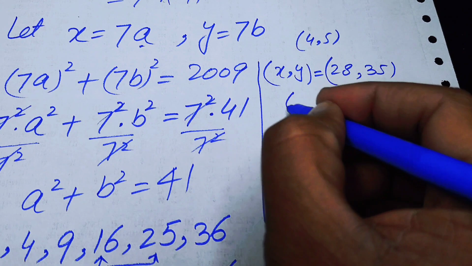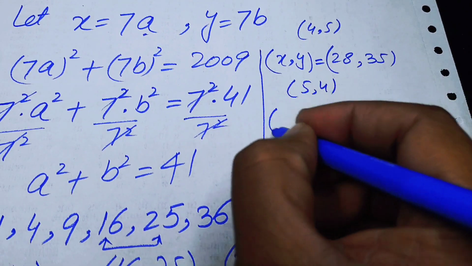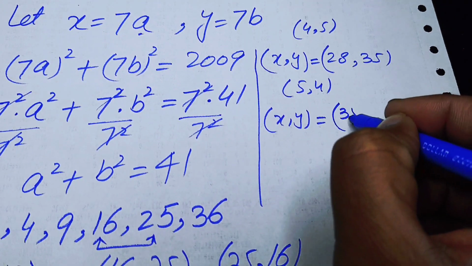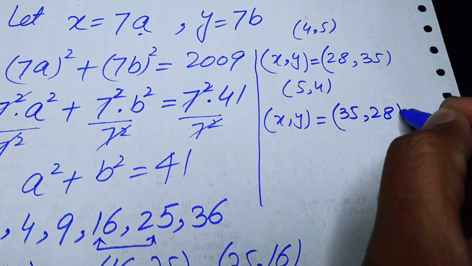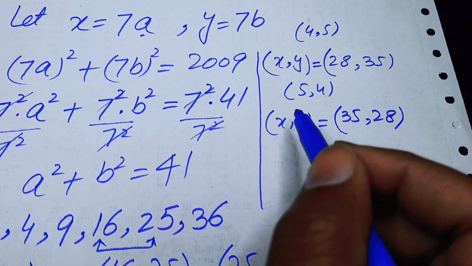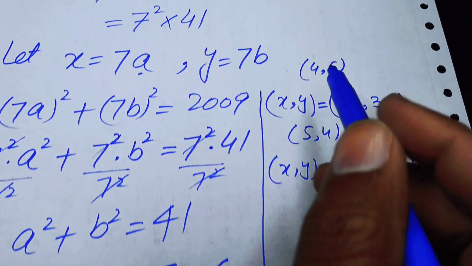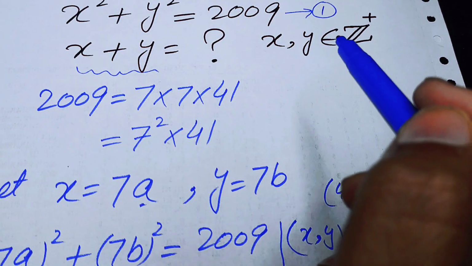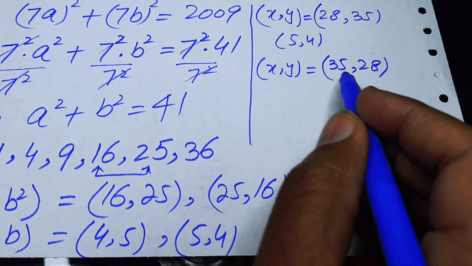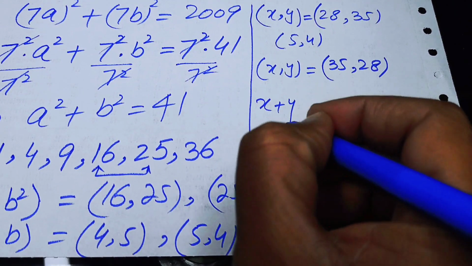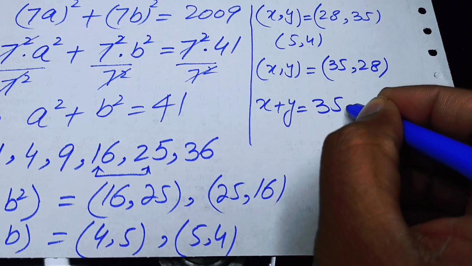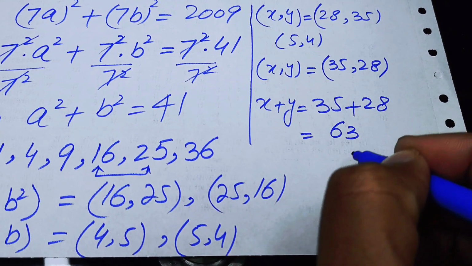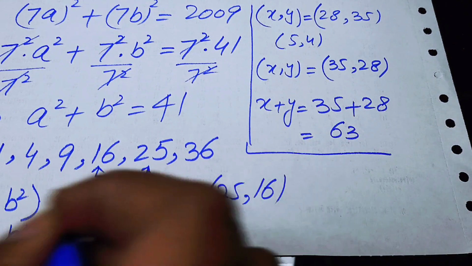And when I choose the pair 5, 4, then I find x, y is 35 and 28. So these are the values of x and y, and now our target is to find the value of x plus y. Adding these values, x plus y is equal to 35 plus 28, and it becomes 63. So this is our required final answer.